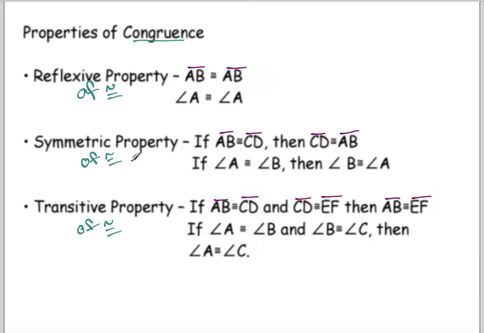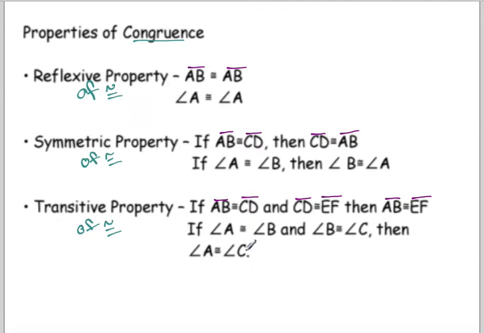Symmetric property of congruence, again, is if you're just flipping the sides of the congruent symbol, if you wanted to write it a certain way to make it match your proof statement. And transitive property of congruence, we are going to use this quite a bit. If you ever have a congruent sign instead of an equal sign, and you feel like the answer is substitution, there is no substitution property of congruence.